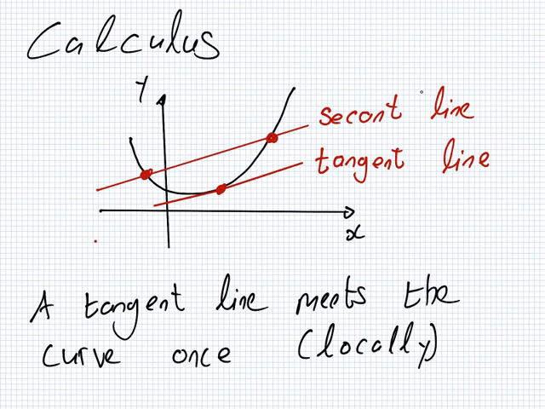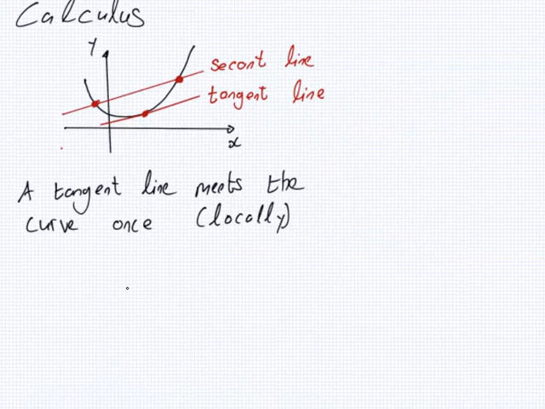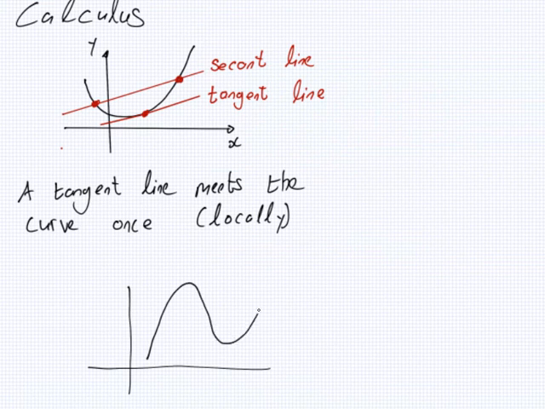So what I mean by that is, if I have a graph like this, here, if I draw this line, let's try that again. I still call this a tangent because it meets it once, locally.